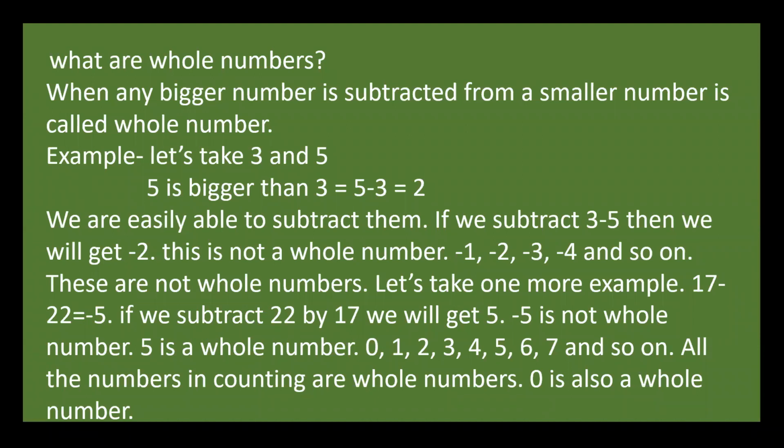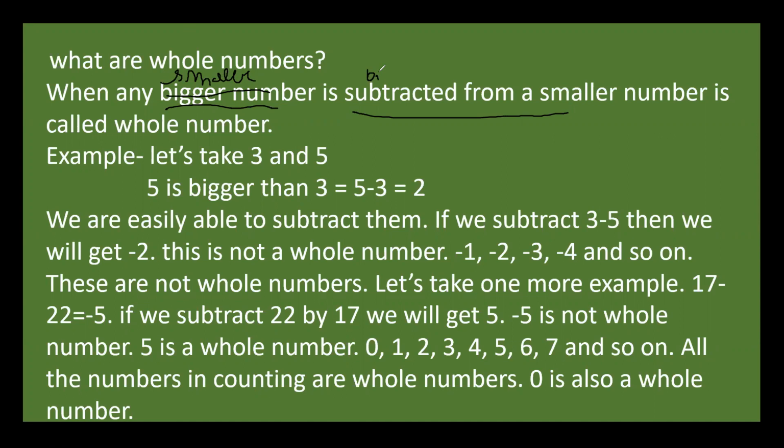When any bigger number is subtracted from a smaller number. Sorry, it is when any smaller number. It is a typing mistake, so please ignore this. It is smaller and it is bigger.